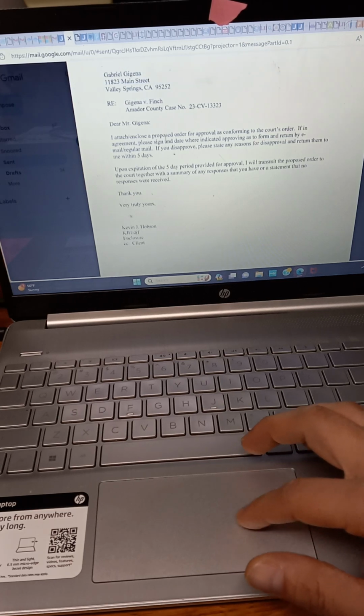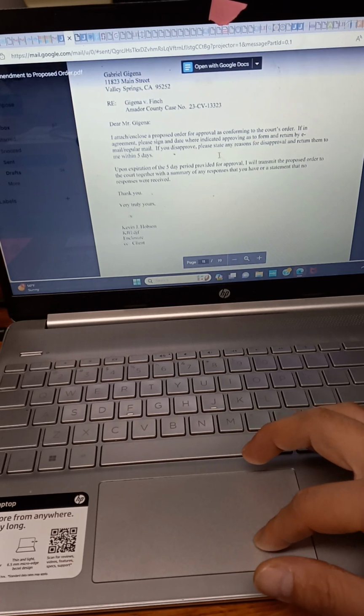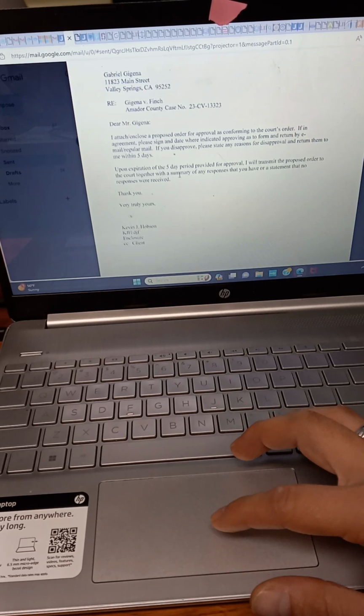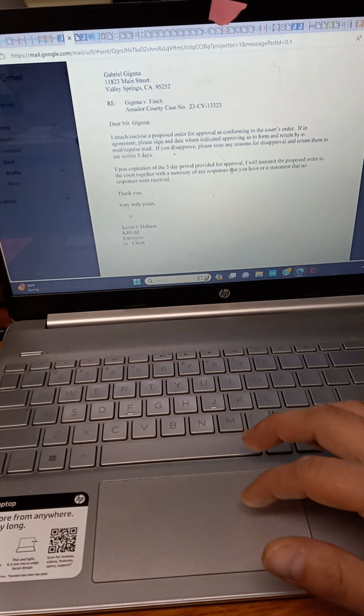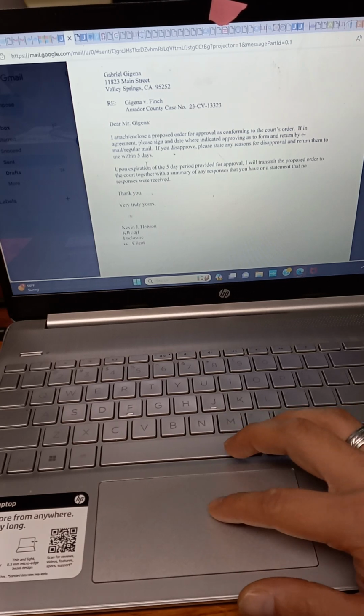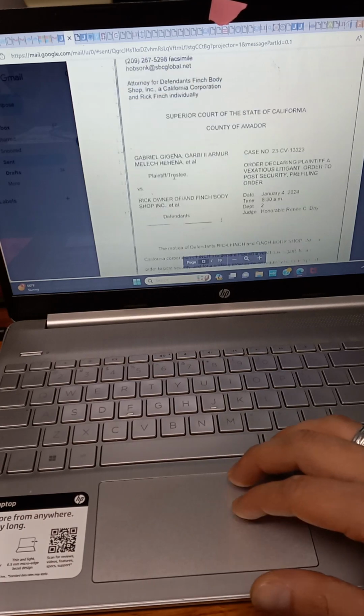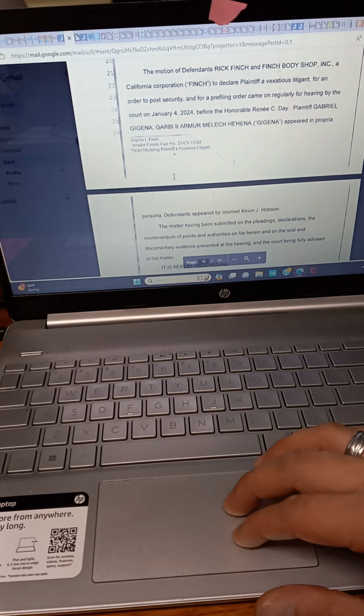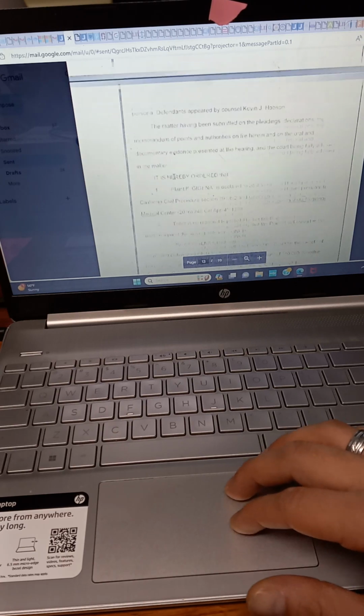So as you can see here, there's a contract action that is going on. They need me to approve what they're doing, and this is what he says.